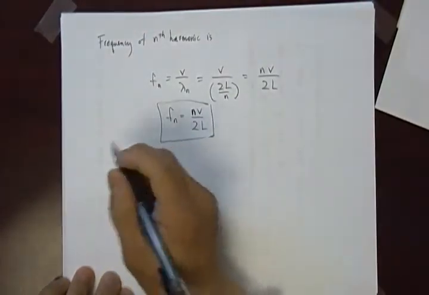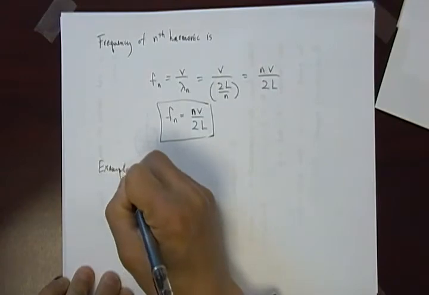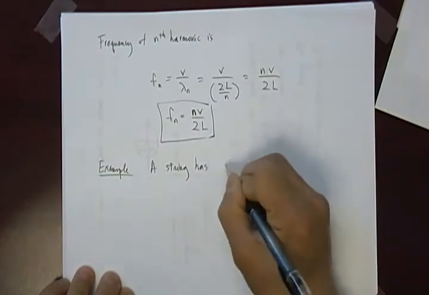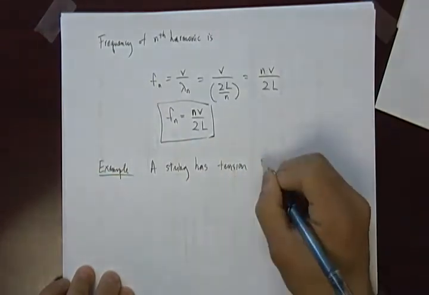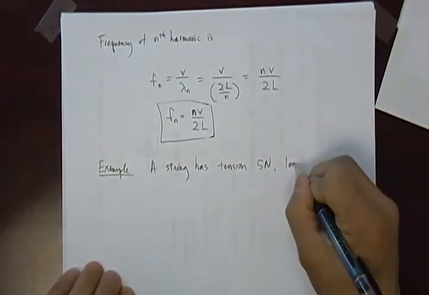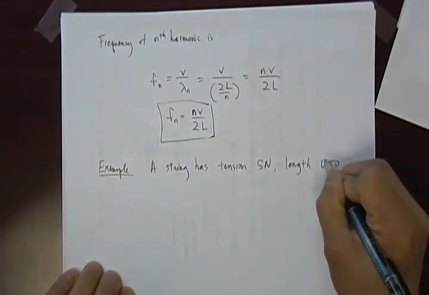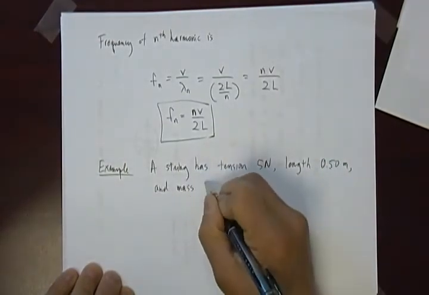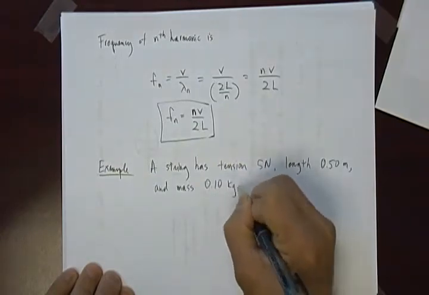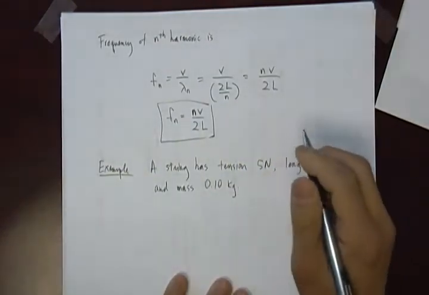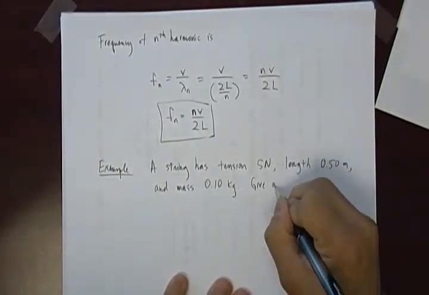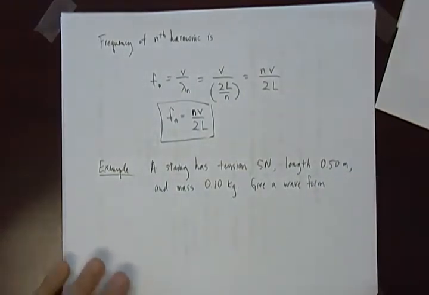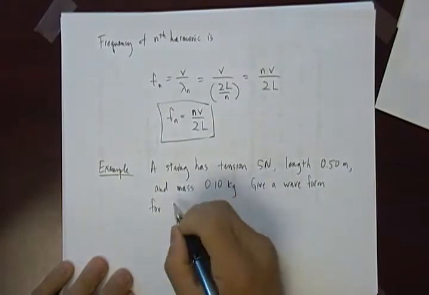Let's do an example. Suppose a string has tension 5 newtons, length 0.50 meters, and mass 0.1 kilograms. And the question is, give a waveform, basically the functional form, for a standing wave.